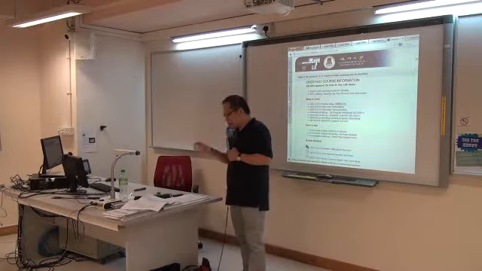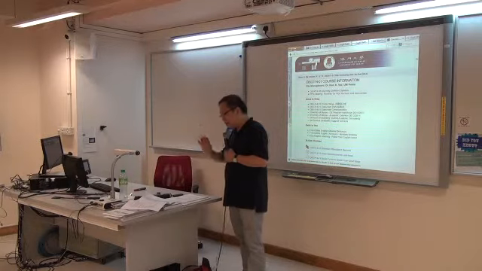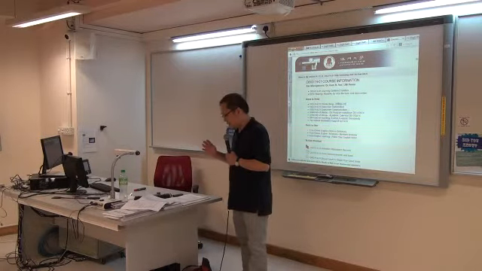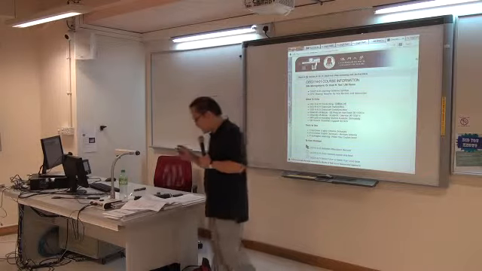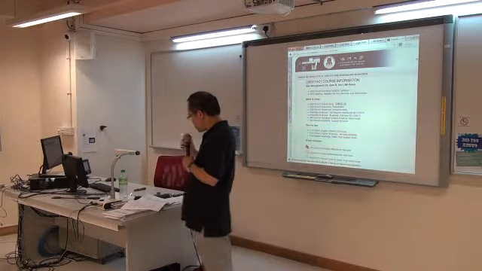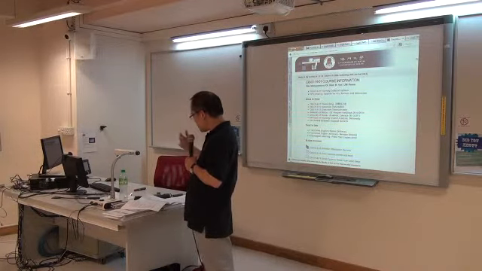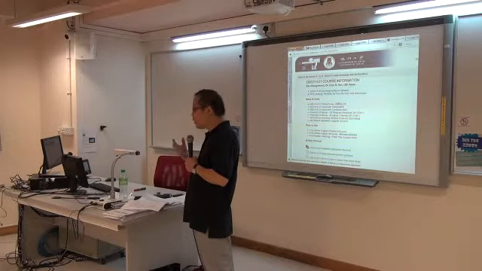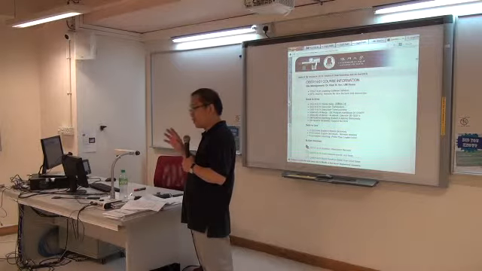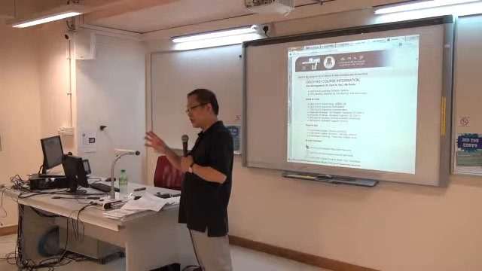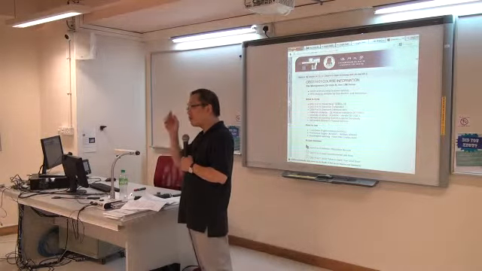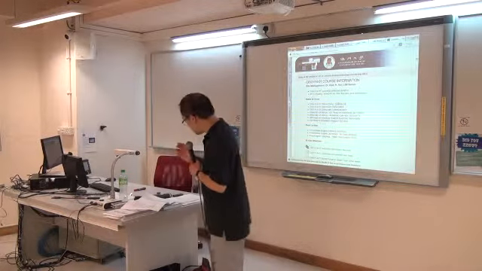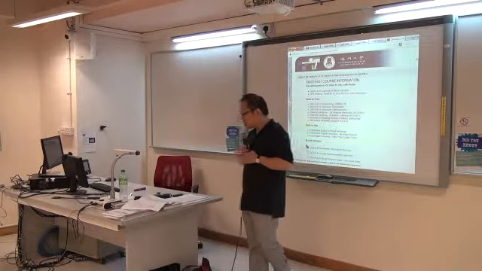Now, in each learning contract, you have a number of topics for you to investigate. But my idea is, when you present the artifacts of each learning contract, you do not need to cover all the topics there. But you must have a focus in presenting your learning contract artifacts. And what does it mean?